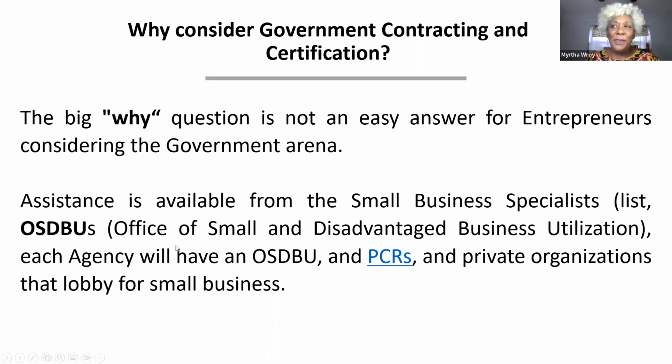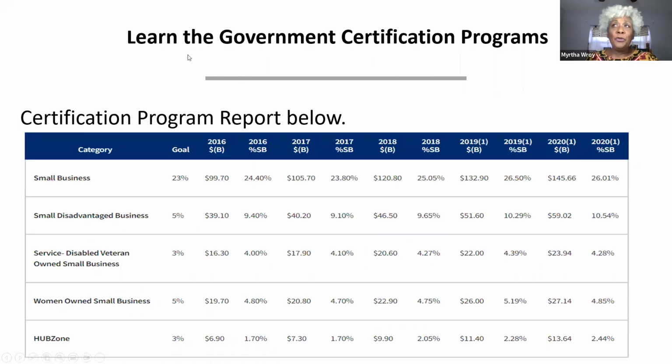To me, as a small business owner, the more information you're equipped with, the better your decisions can be. So we talked about the Learn the Government Certification Program. Now, under small businesses, they have other categories of certifications.